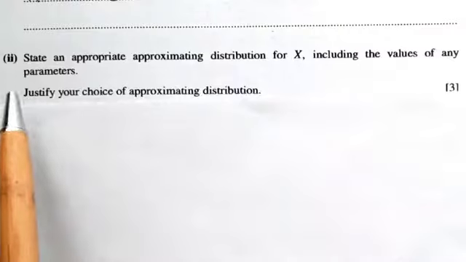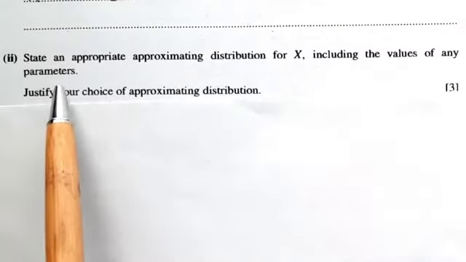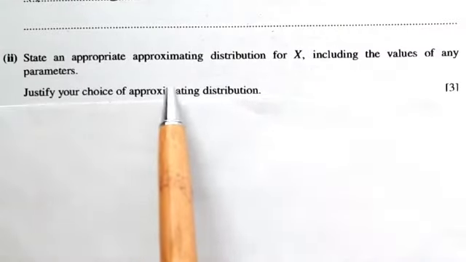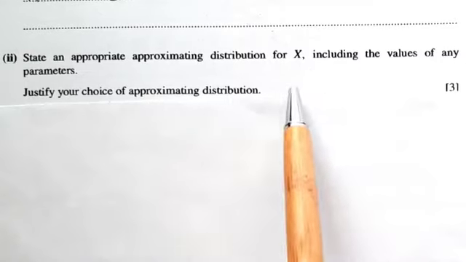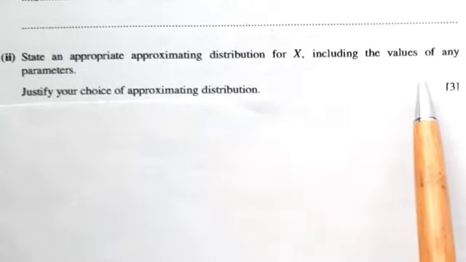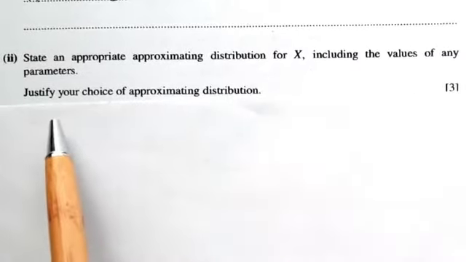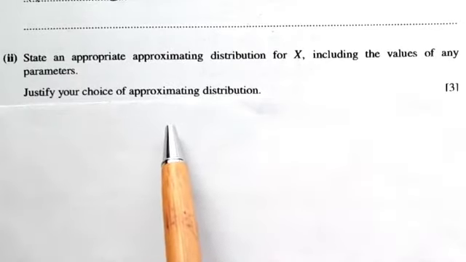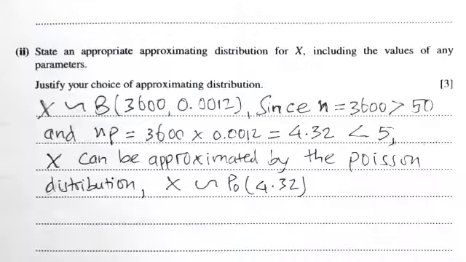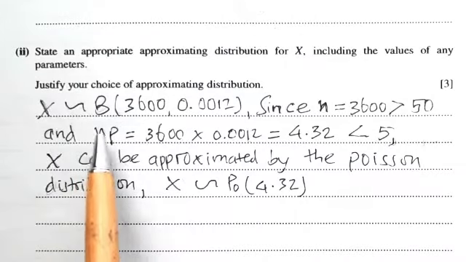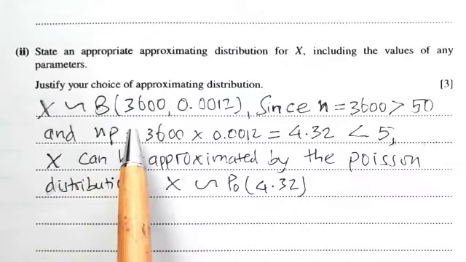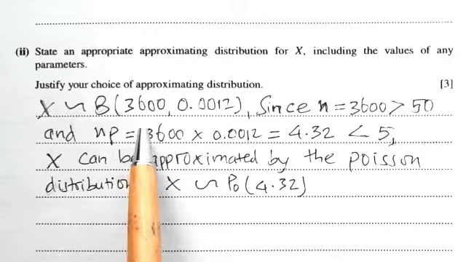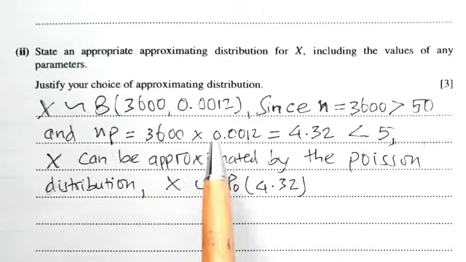Part II: State an approximating distribution for X, including the values of any parameters. Justify your choice of approximating distribution. The original distribution is binomial with n = 3600 and p = 0.0012.